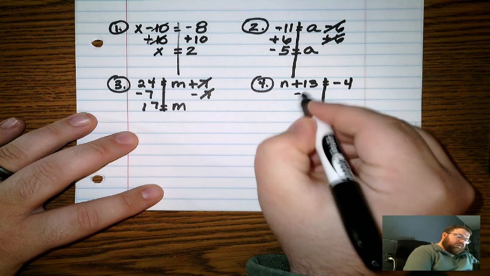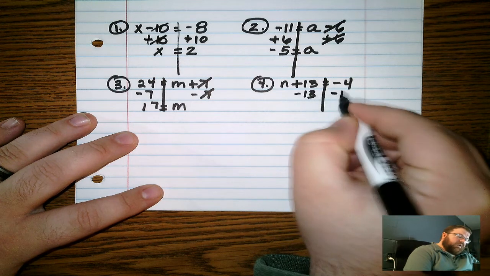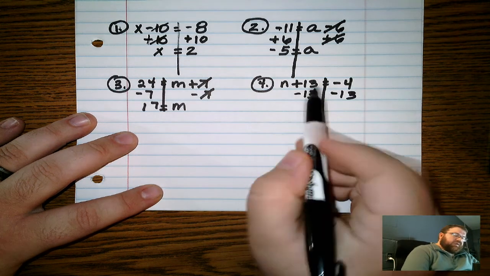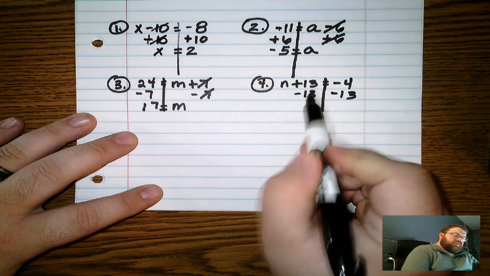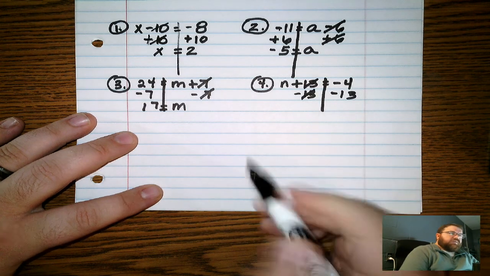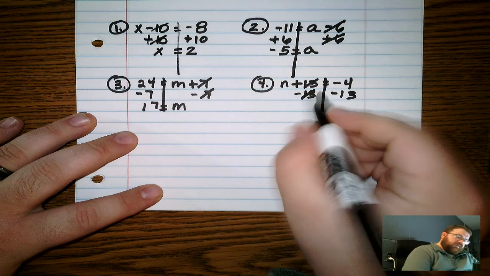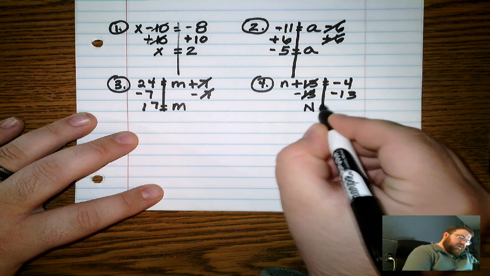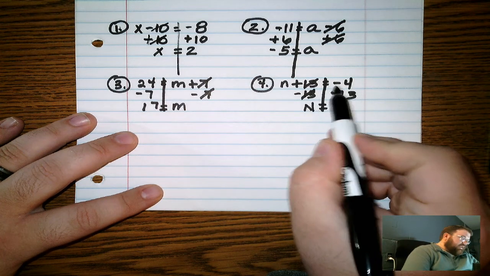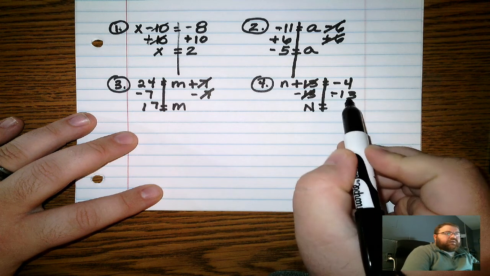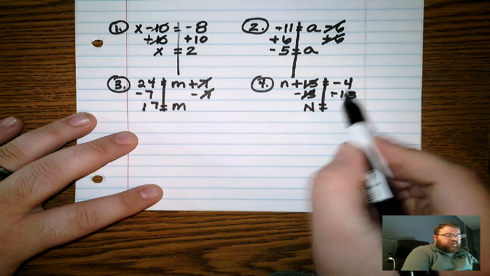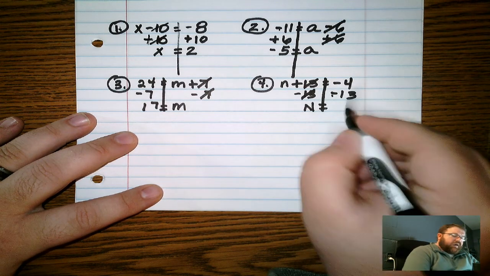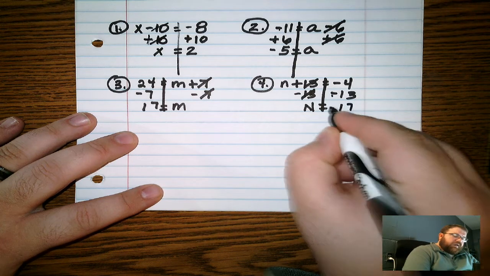So I want to subtract 13 from both sides. 13 minus 13 is 0, so we would say that cancels, leaving you with n equals negative 4 minus 13. Now think of your integer rules. They're same sign, so I'm going to add these together and keep the sign.